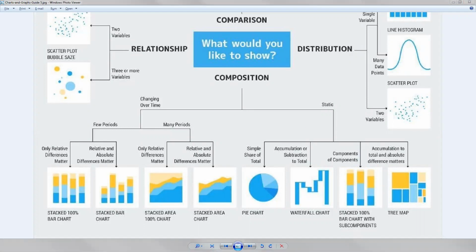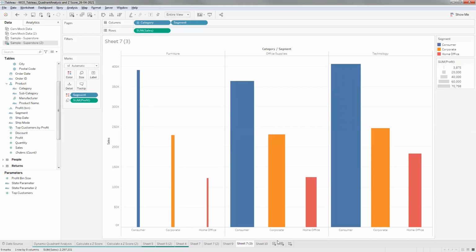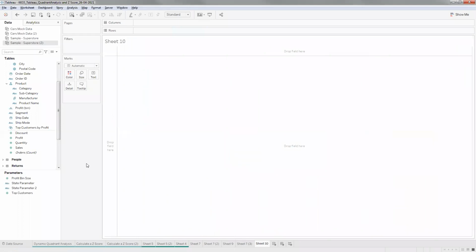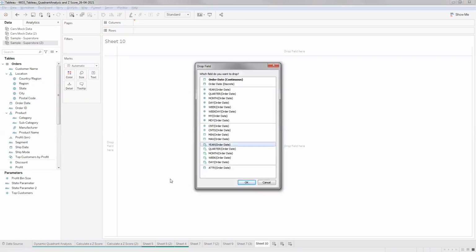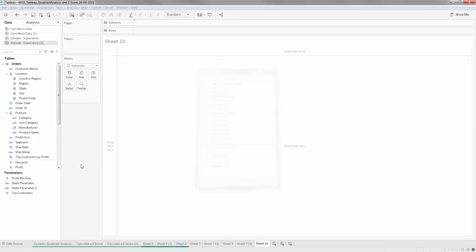Let's create the chart where both relative and absolute differences are important for a few time periods. Since we are comparing across time, I'll pull in my time field, order date, and keep it at year level so we have only a few periods to compare. After that I'll bring in my sales.